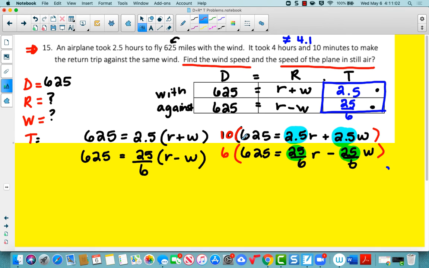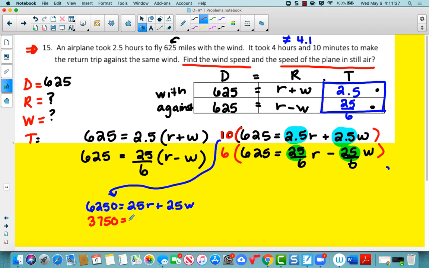All right, so let's see what happens when we do that. When I multiply by 10, I get 6,250 equals 25R plus 25W. When I multiply every term of the bottom equation by 6, I get 625 times 6, which gives me 3750, equals, and the 6 here, if I multiply that by 6, the 6's cancel.